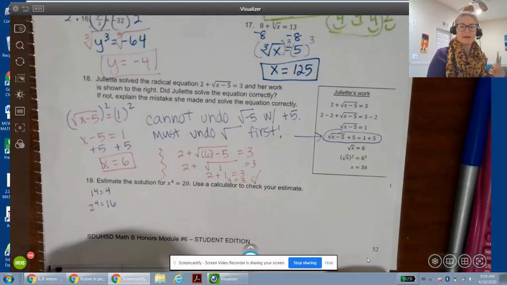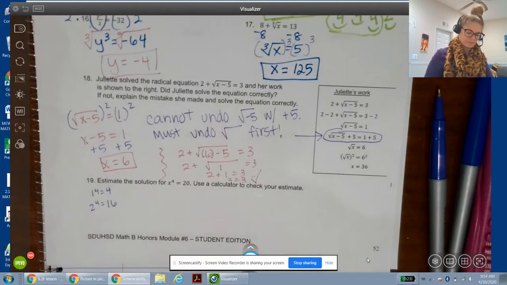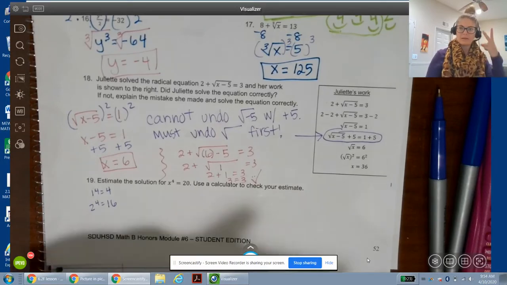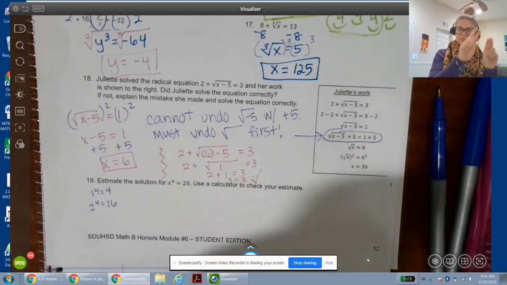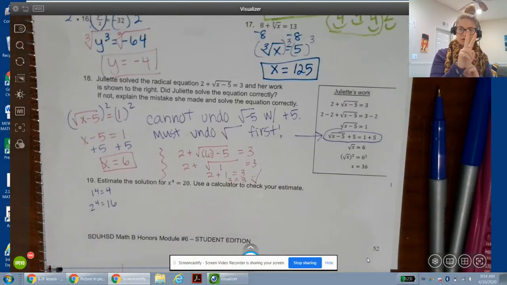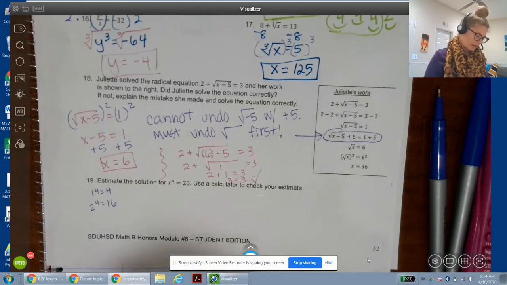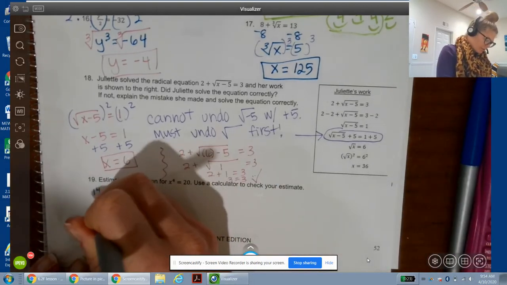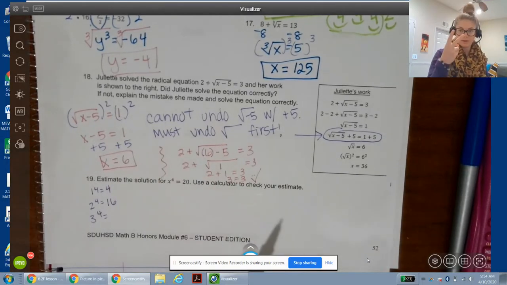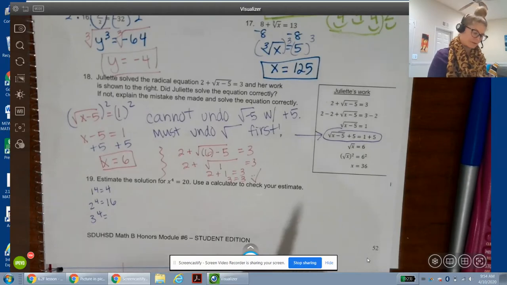And remember, you can think about that number squared times that number squared makes that number to the fourth. So like 2 squared is 4, 2 squared is 4, 4 times 4, 16. So we can do that again with our 3. 3 to the fourth, well, 3 squared is 9. Another 3 squared is 9. 9 times 9, 3 to the fourth is 81.